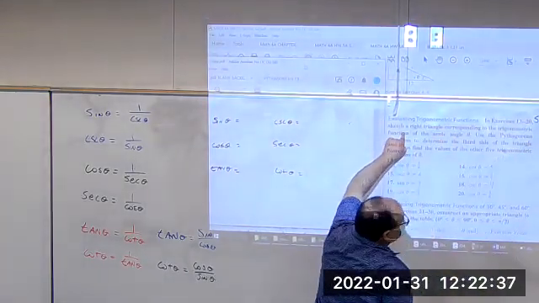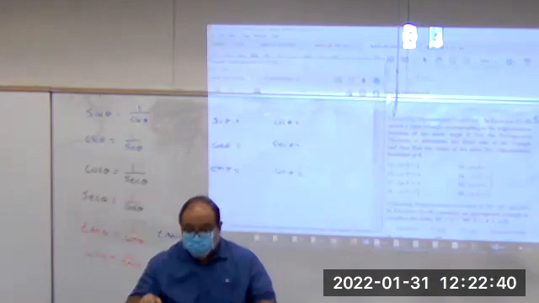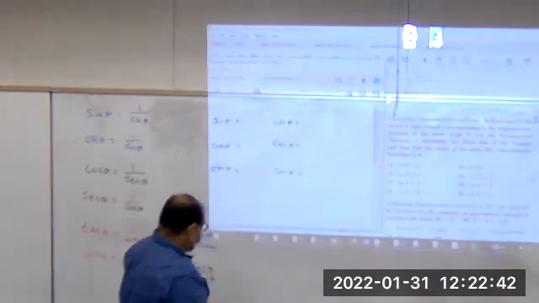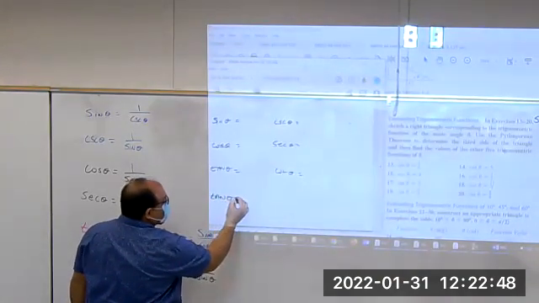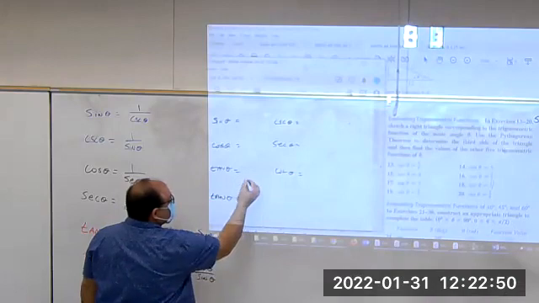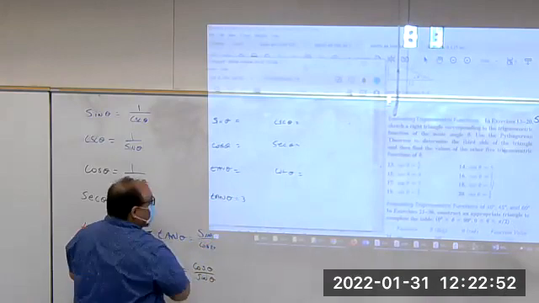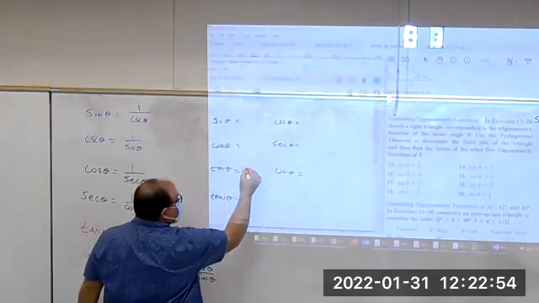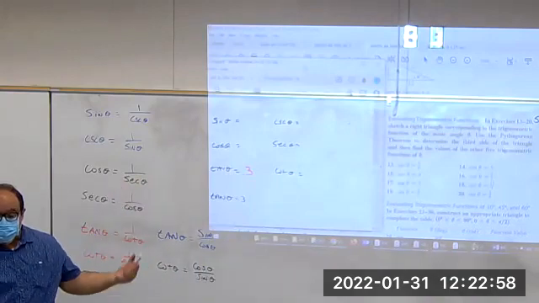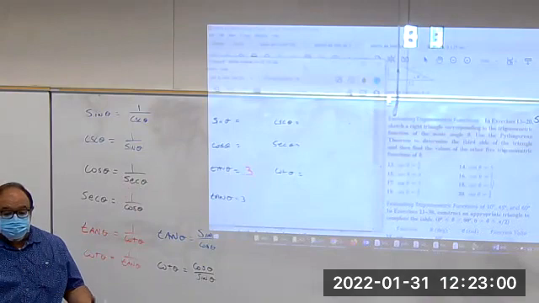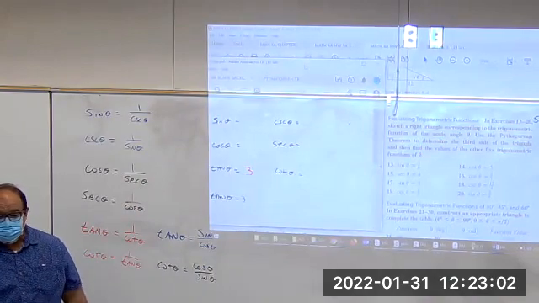Sketch a right triangle. The visual helps, it really does. First of all, when they're telling you that tangent theta is 3, don't forget to put that in as one of your answers. Maybe you can't figure anything else out, but if you don't put that in as one of the answers on a quiz or a test, why lose the points?